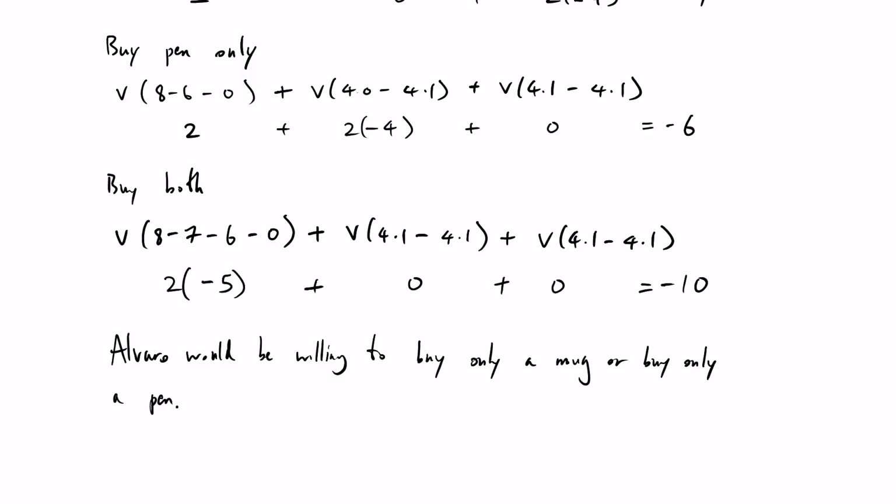So here, he's either going to buy a mug or a pen because in that case, he's not losing money.